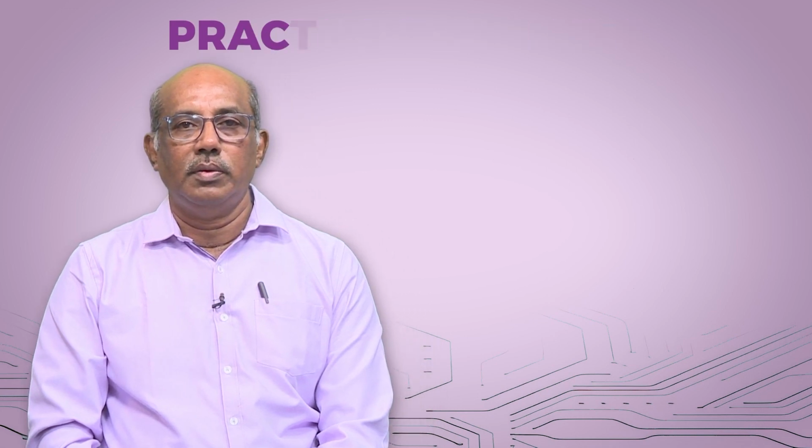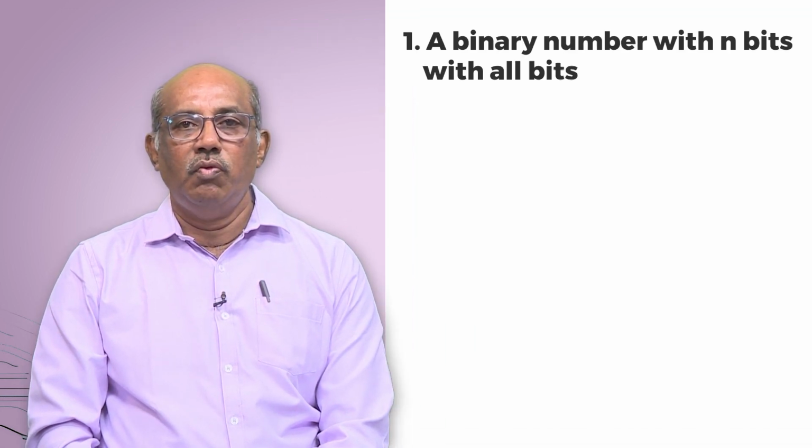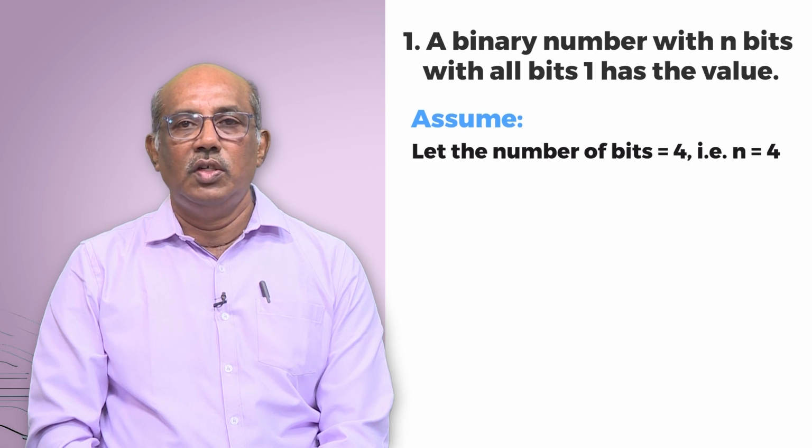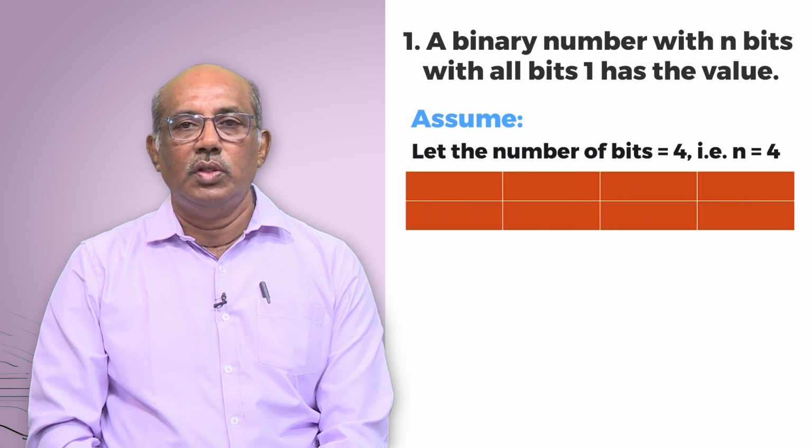Today, we will begin our lecture session by discussing some of the questions of practice problem 1. The question is: a binary number with n bits has all bits 1 as the value. Assume the number of bits is equal to 4, that is n is equal to 4. So, we have 4 columns starting with the least significant bit to the most significant bit.